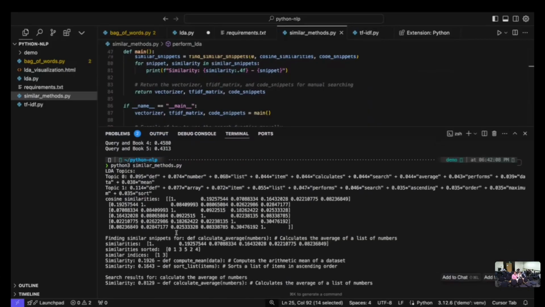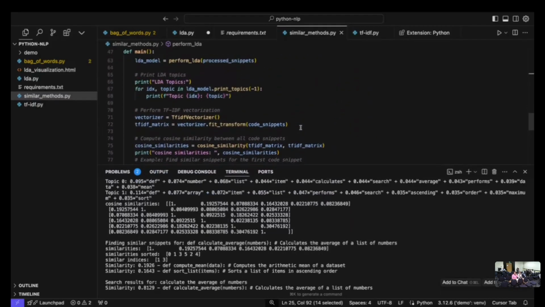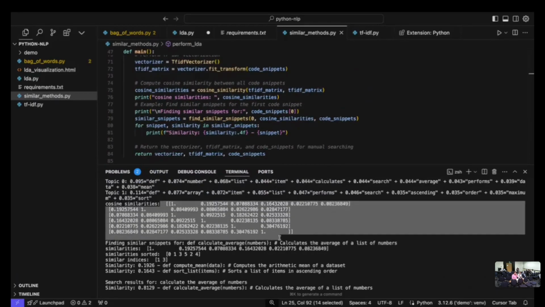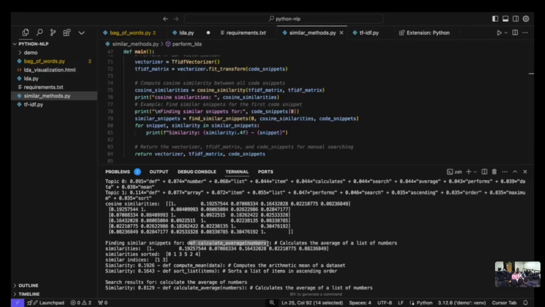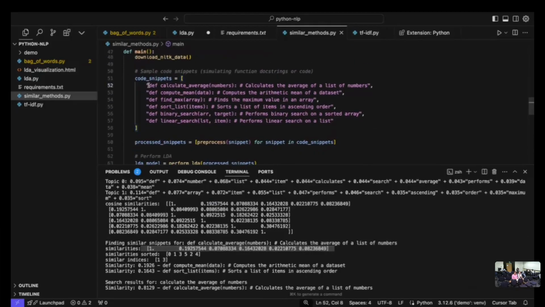Now with the cosine similarities, this particular function that I was trying to explain. So this is the output of the cosine similarities. And let's say I chose the first document here, which was def calculate average numbers. So this is what it gave as a result. Now these particular values are related to the snippets that we have added here.